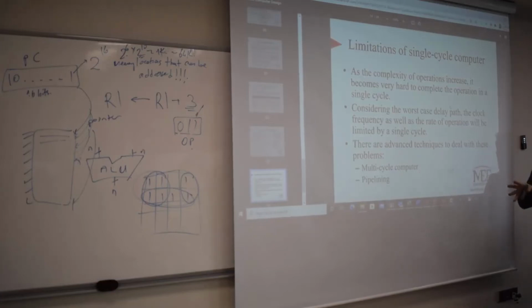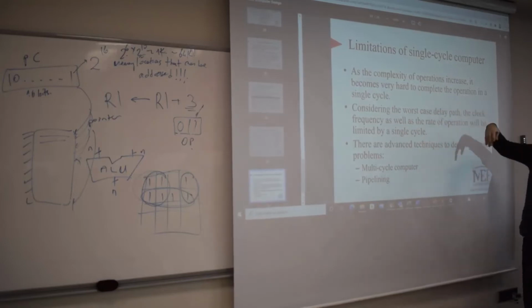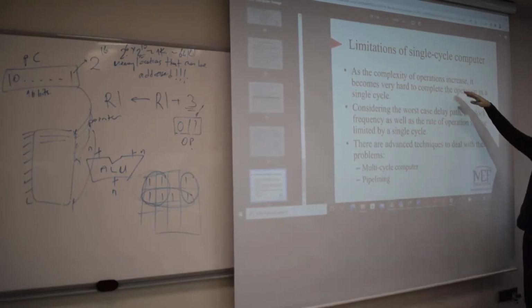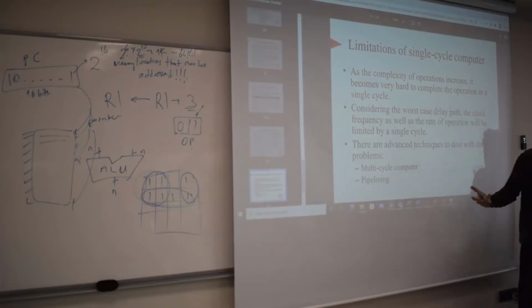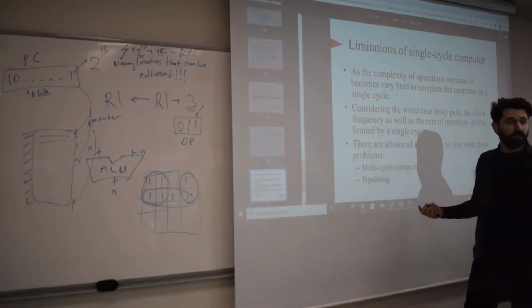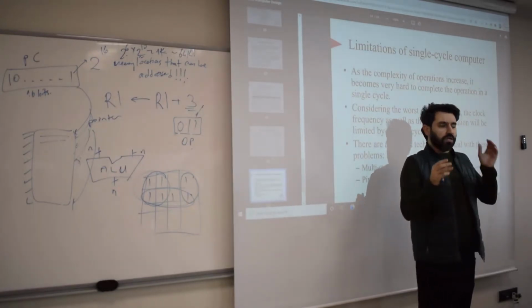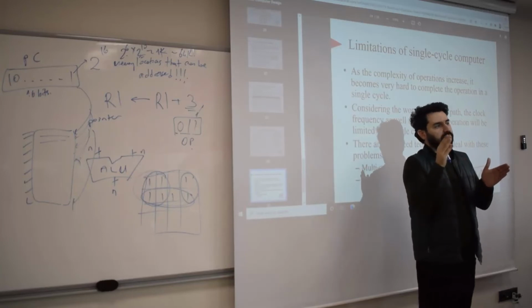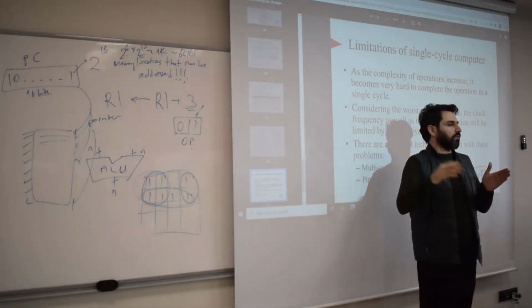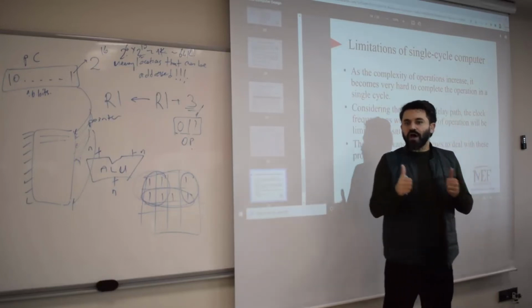But if the complexity of your instructions, in other words operations, micro operations, increases, then it becomes very hard to complete the operation in a single cycle, right? Because you have to complete your instruction operation within the same period. The next rising edge would cause changes in the register and memory contents. So you have to be really careful.